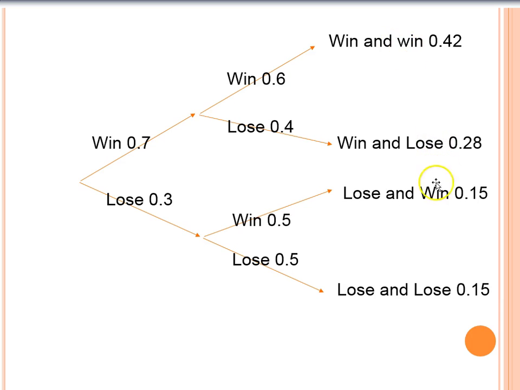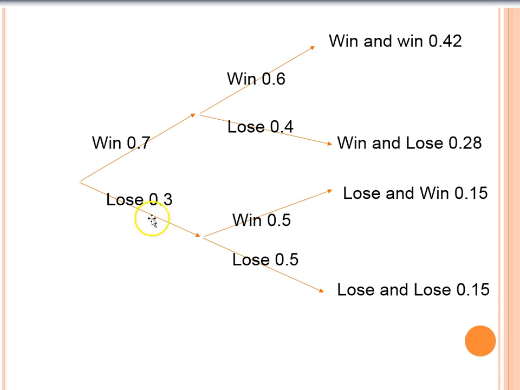These last set of 4 probabilities that I've calculated, I calculated using the multiplication rule. So the way we calculate the probability of 2 wins is just multiplying those two probabilities together. So 0.7 times 0.6 is going to give us 0.42. The same thing is calculated for these other probabilities.